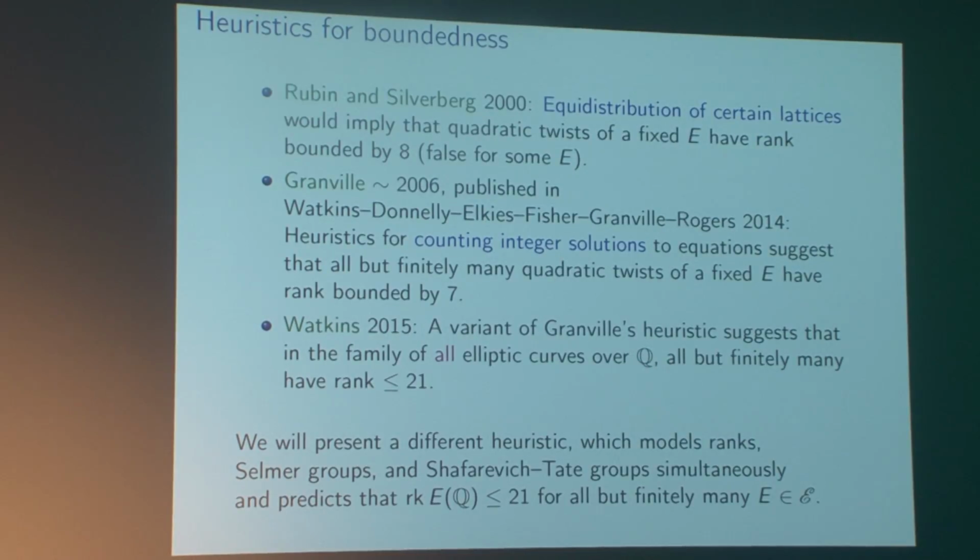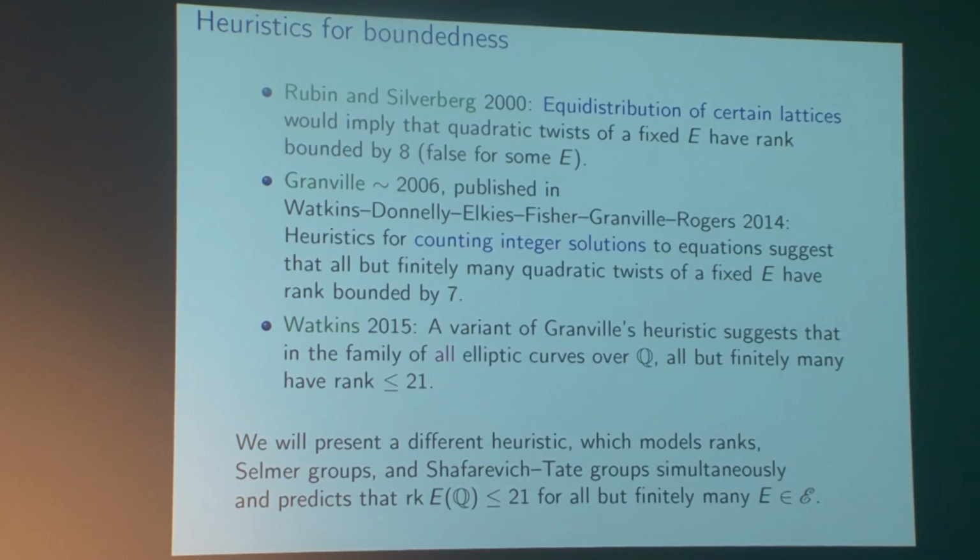And Watkins adapted that, used Granville's heuristic in the context of the family of all elliptic curves, and he found that in the family of all elliptic curves, there should only be finitely many elliptic curves of rank greater than 21.